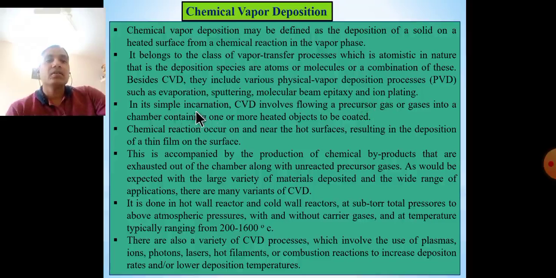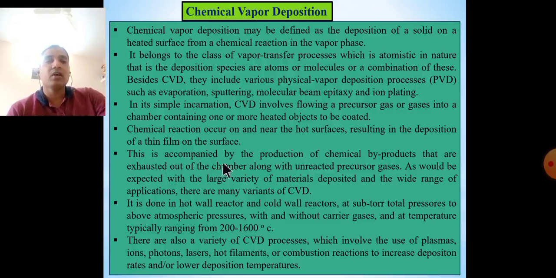In its simplest incarnation, CVD, chemical vapor deposition, involves flowing a precursor gas or gases into a chamber containing one or more heated objects to be coated. Chemical reactions occur on and near the hot surface, resulting in the deposition of a thin film on the surface of the substrate.